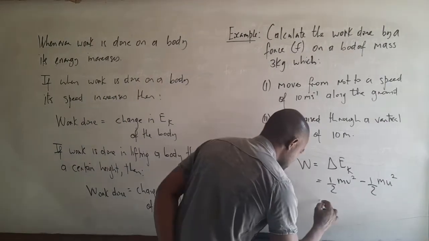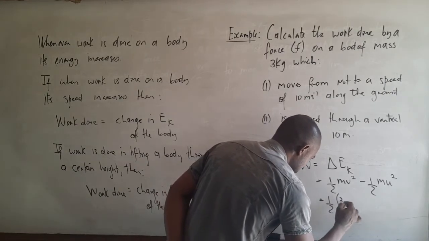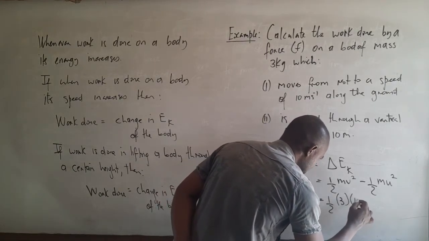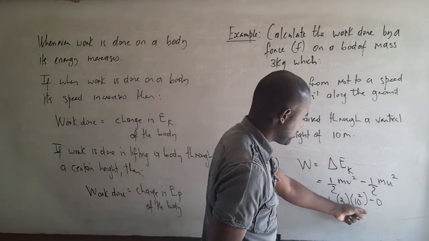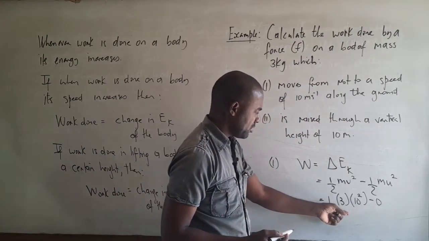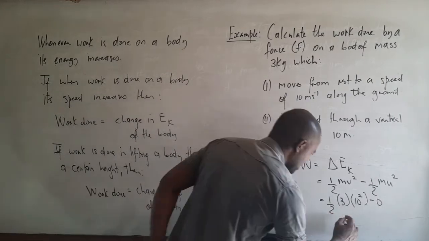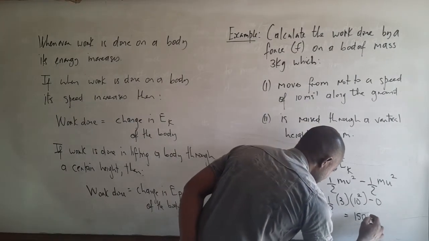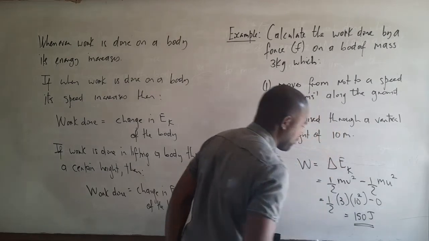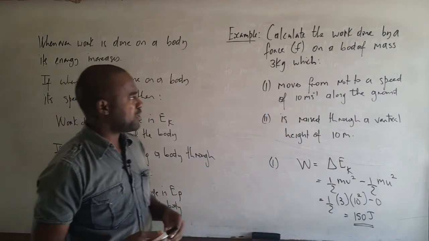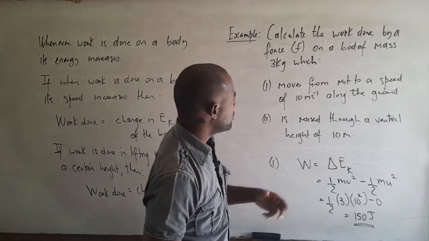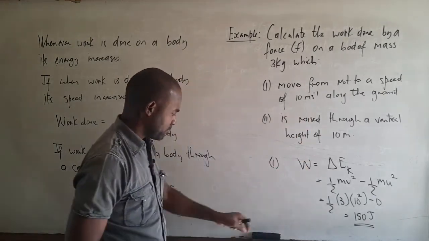So this gives us a half times 3 times 10 squared minus 0. So 10 squared is 100, times 3 is 300, times a half gives us 150 joules. So 150 joules of work is done on the body in increasing its speed from 0 to 10 meters per second.